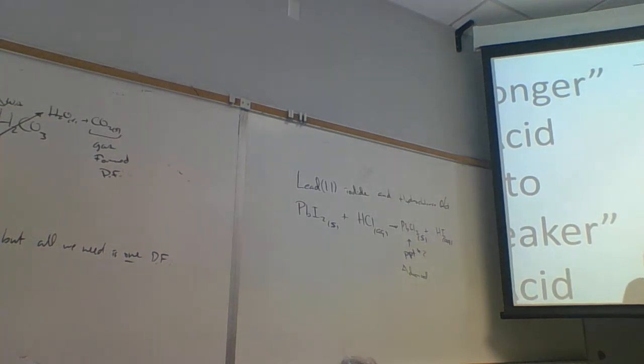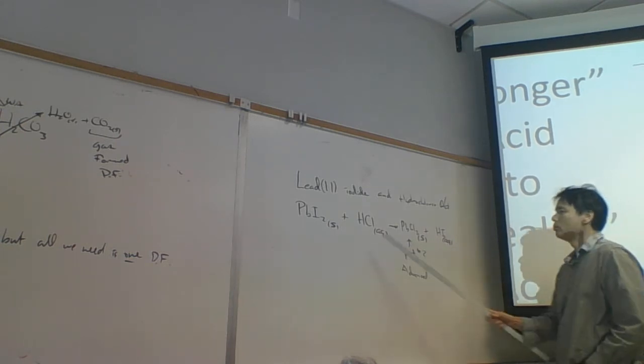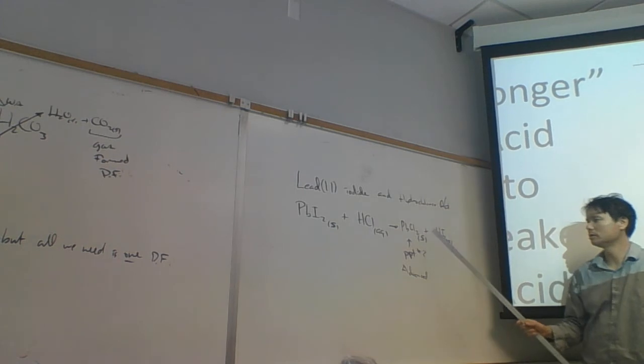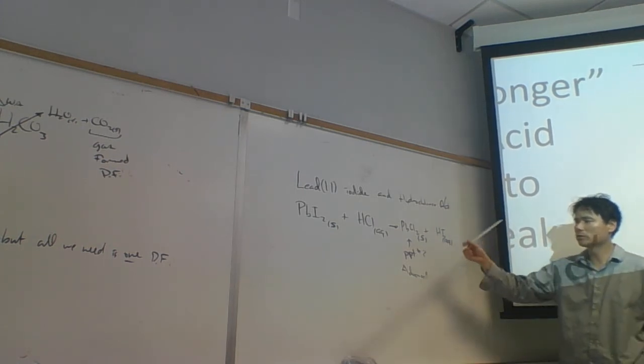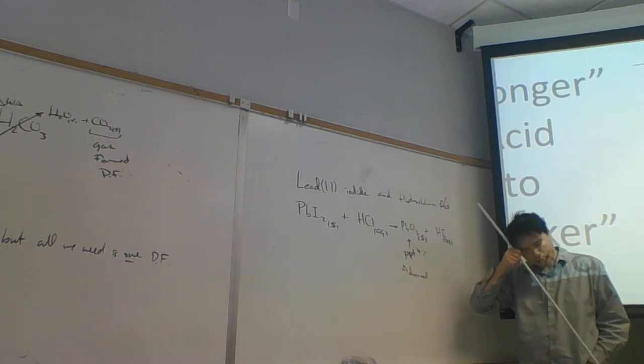Both HI and HCl are strong acids. And if you look at this chart, which one's stronger? HI is stronger than HCl. So we're going from weaker acid to stronger acid. Is that going uphill or downhill? That's going uphill. We don't want to go weaker to stronger.